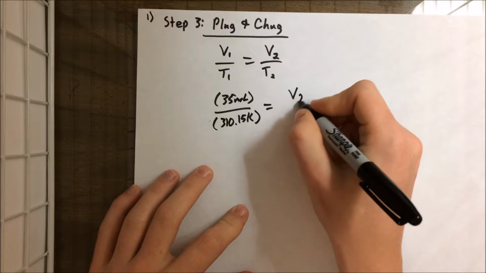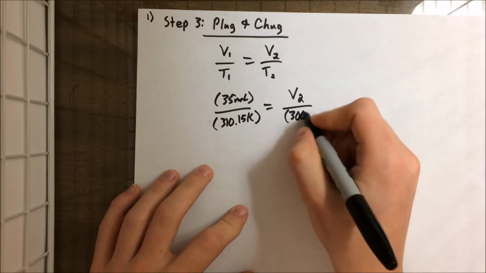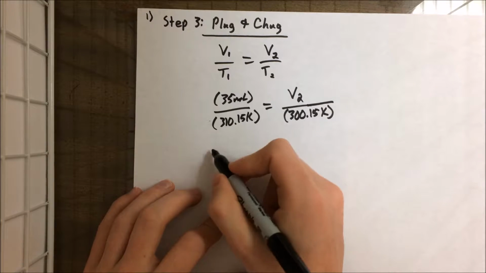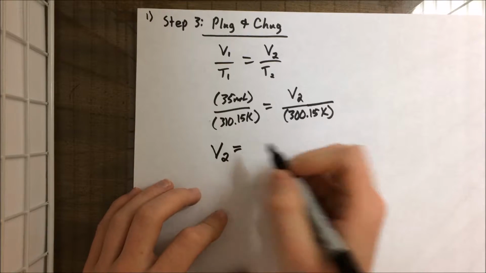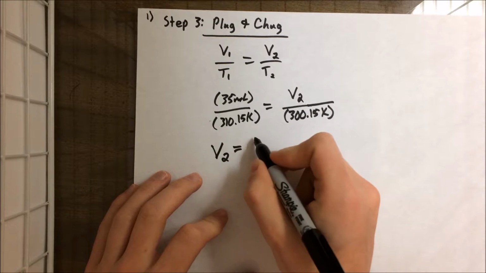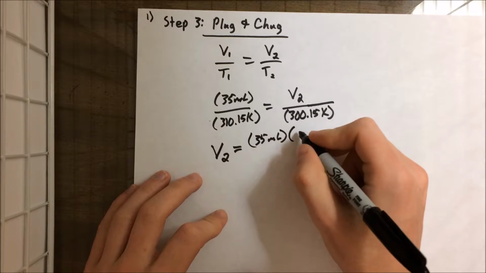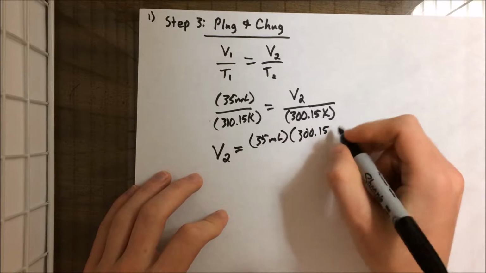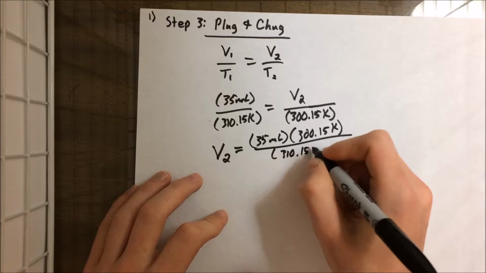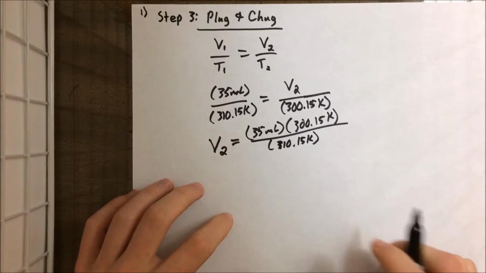That's equal to the final volume over the final temperature, which was 300.15 Kelvin. Then we can set the final volume equal to 35 milliliters times 300.15 Kelvin over 310.15 Kelvin. We're just isolating the unknown.